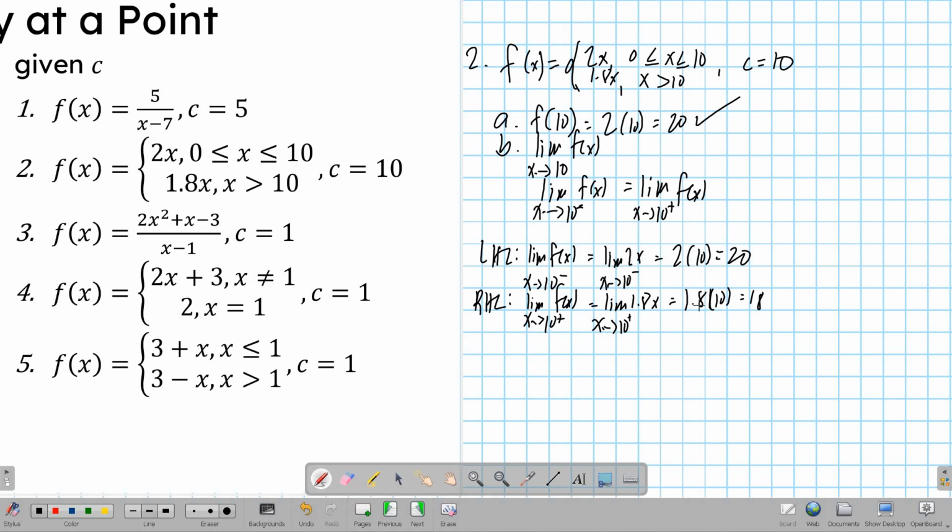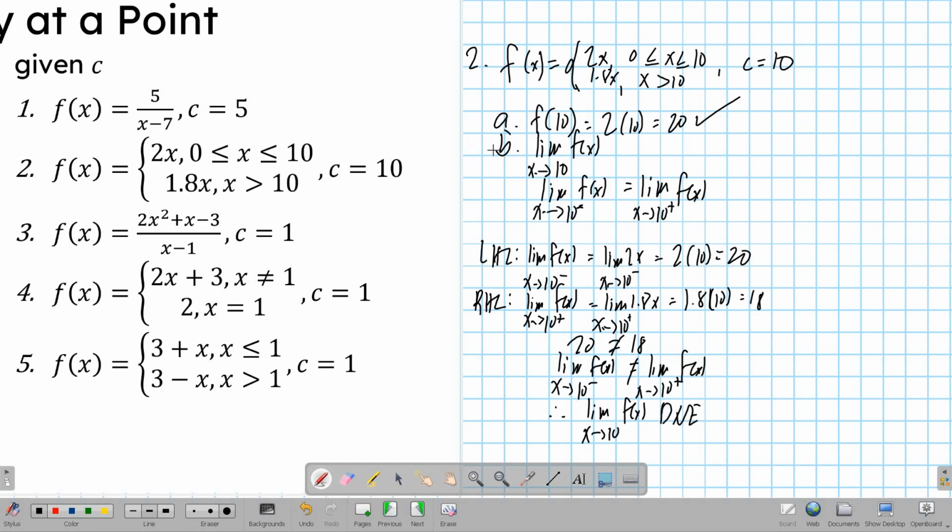However, we can see here that 20 is not equal to 80. Hence, the limit of f of x as x approaches 10 from the left is not equal to the limit of f of x as x approaches 10 from the right. Therefore, the limit of f of x as x approaches 10 does not exist.